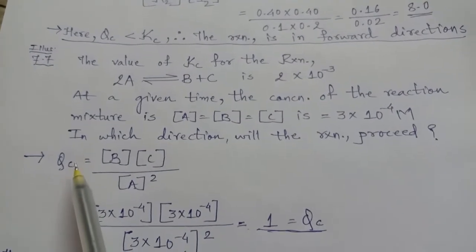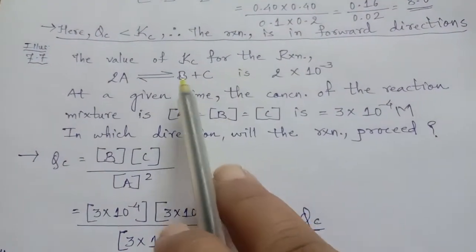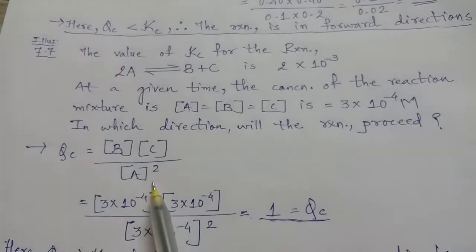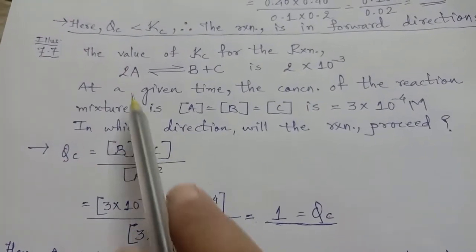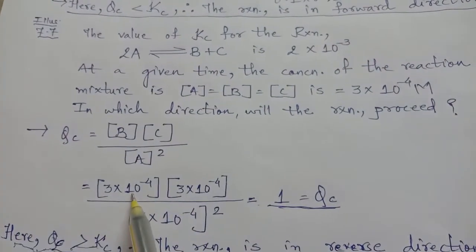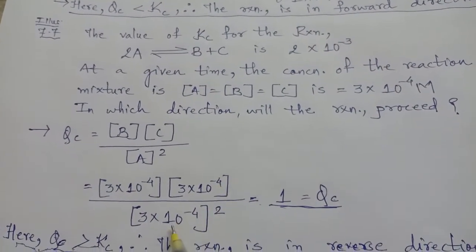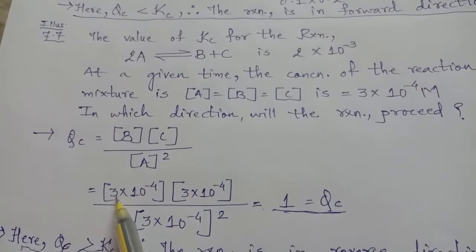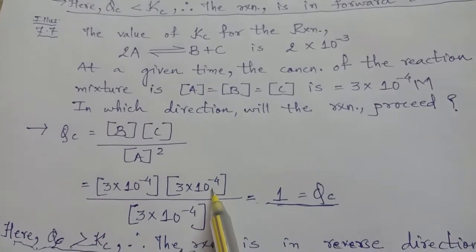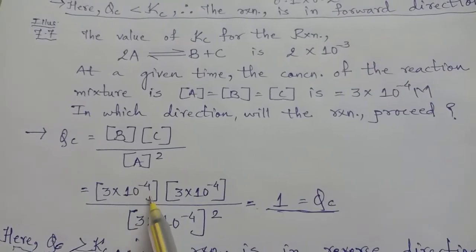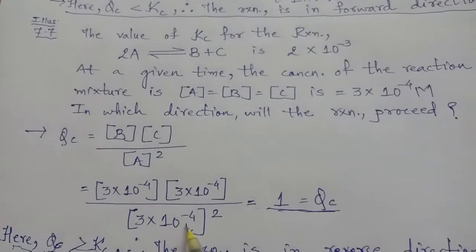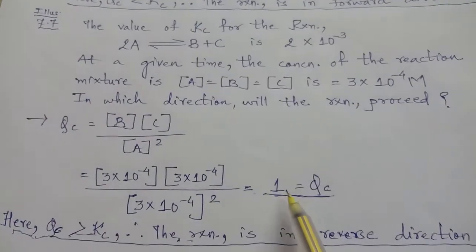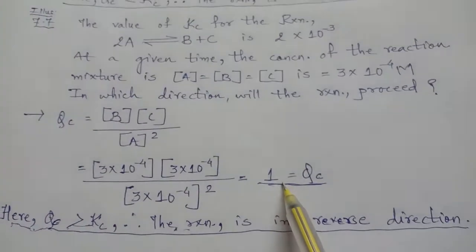So calculate Qc: products B plus C upon reactant A squared, because 2A. Putting in the values, because all concentrations are the same, we get 3 into 10 raised to minus 4 into 3 into 10 raised to minus 4, upon 3 into 10 raised to minus 4 whole squared. So it will cancel and we get Qc equals 1.